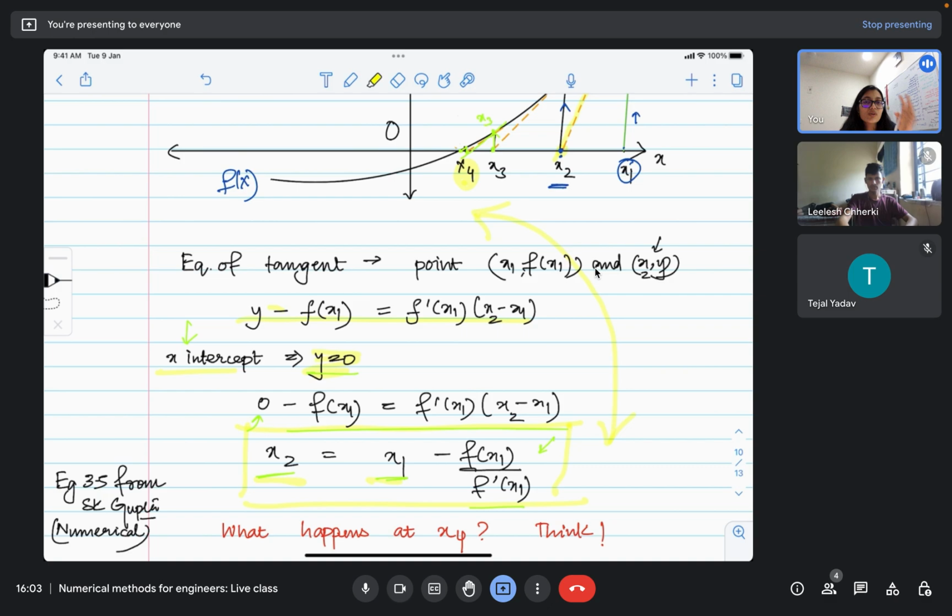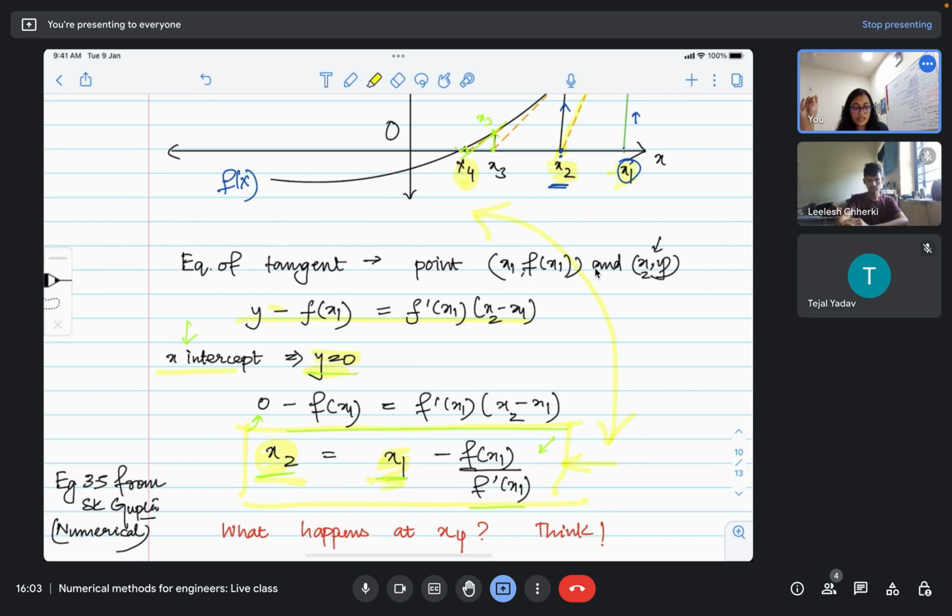So what I'm basically asking is, can you relate this equation to the graph? Can you see this equation in the graph? Just try and see. I'll help you also here. Suppose x2. Just start with this x2. I can see in the graph it is this point. Now x1 also I can see in the graph is this point.